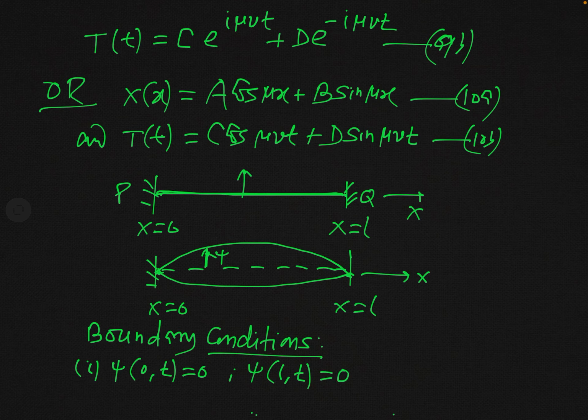So this is the first boundary condition. You can see from this example, since the segment of the string at x equal to 0 and x equal to L never gets displaced, this displacement psi, which acts here like a wave function, remains 0 at all time t at x equal to 0 and also at x equal to L. So this is the first boundary condition.